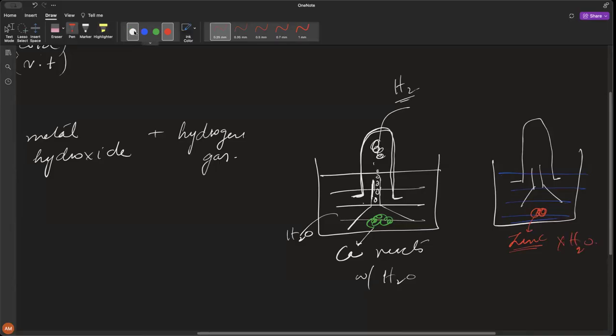So you are going to see that the water will move up as well, because it is not reacting. No hydrogen gas is being given off. So the water moves up the funnel. Do you understand this aspect? Up the test tube. Understand?